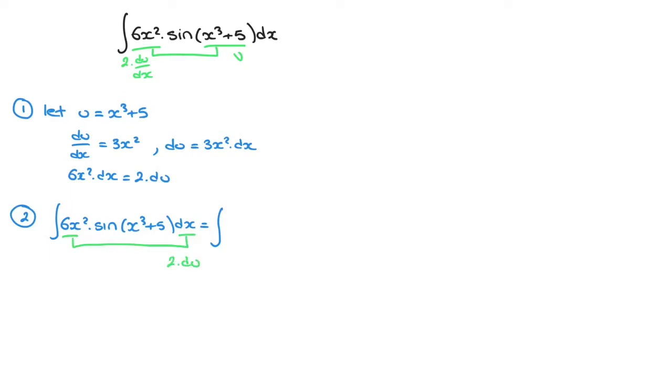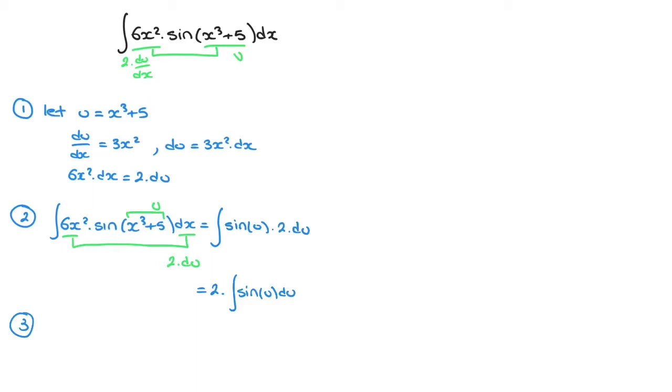And we also have sine of x cubed plus 5. But x cubed plus 5 we defined as u. So this will turn into the integral of sine of u times 2 du, which we can write as 2 times the integral of sine of u. And we're done.